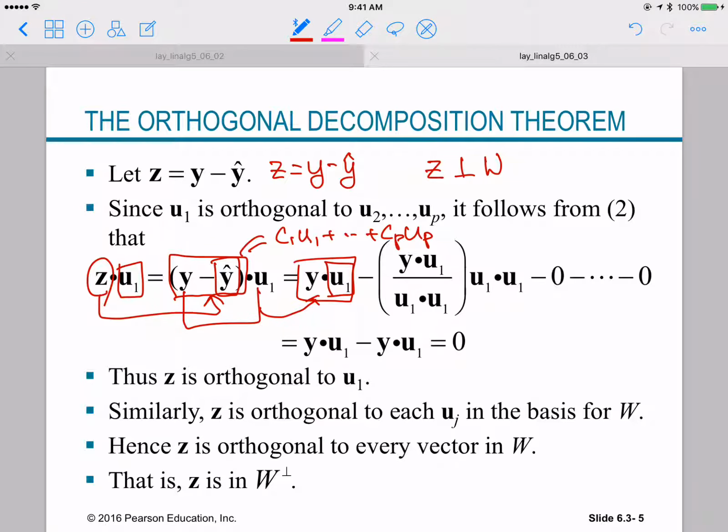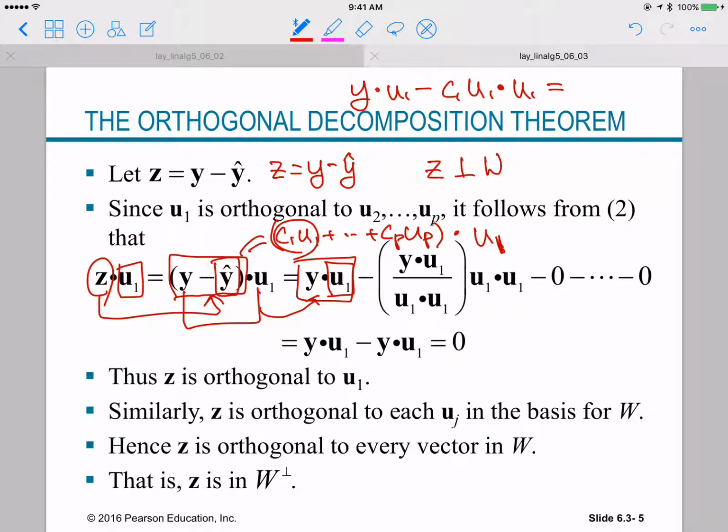The first term is y with u1, and from y hat, only the first term survives, so it becomes y inner product u1 minus c1 times u1 inner product u1.